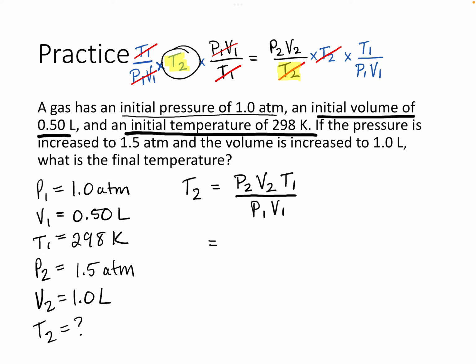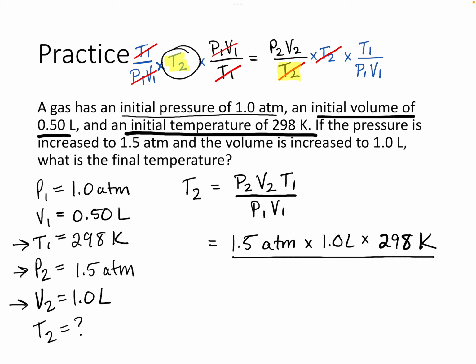P2 is 1.5 atmospheres, and we're multiplying that by V2, which is 1 liter, and then T1, which is 298 Kelvin. Then we'll divide by P1, which is 1 atmosphere, and multiply that by V1, which is 0.5 liters.